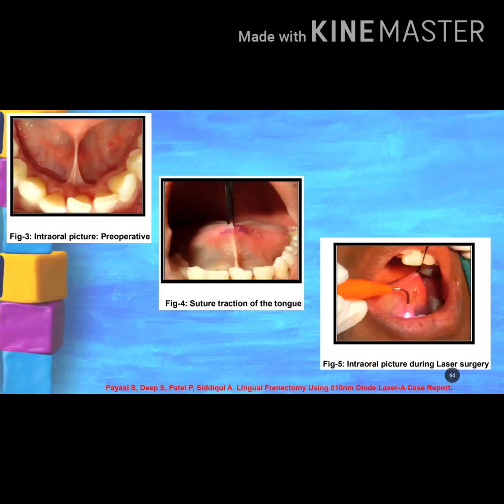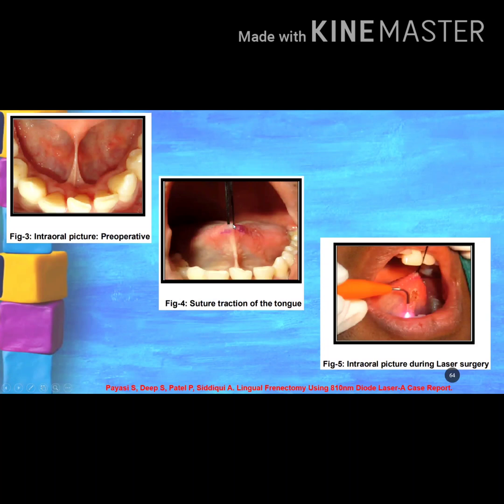First, they anesthetized the lingual frenum locally, and the tongue is retracted. Suture retraction is used for the retraction of the tongue.